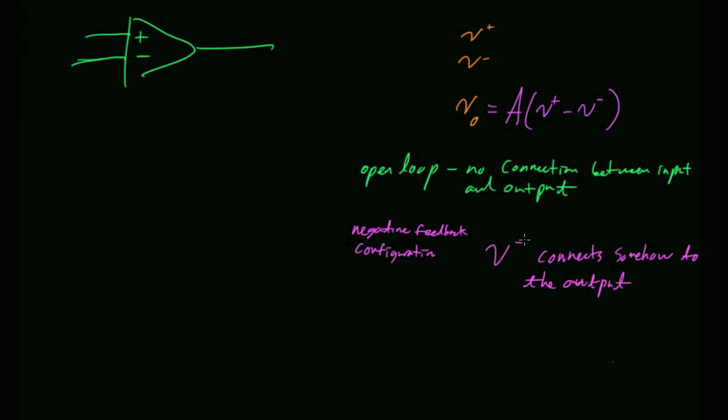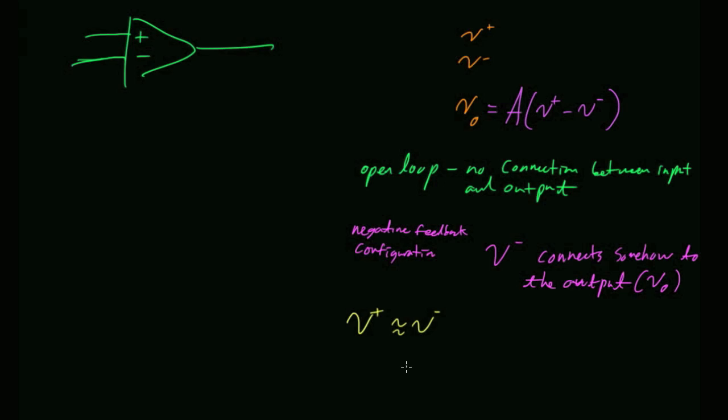If you have the negative feedback configuration, something wonderful happens. Instead of being forced to deal with this equation, which is really unwieldy for a lot of reasons, you instead get a much easier equation. And that equation is that you get the virtual short that somebody was mentioning, which is that the V positive and the V negative inputs wind up having basically the same voltage, almost exactly. Or rather, close enough that we can't measure or really even care about the difference.